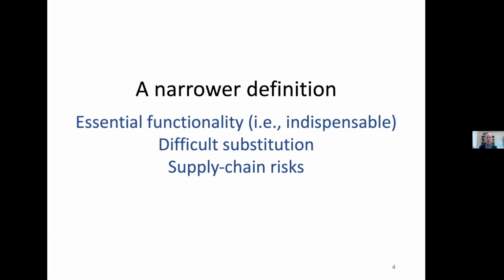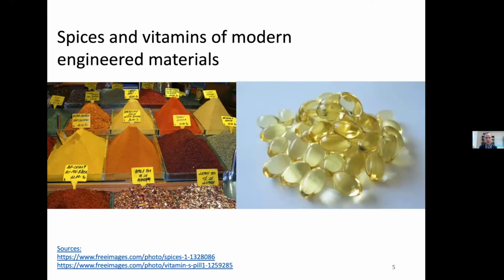Now, in many cases, what have been identified as critical minerals or critical materials are used only in very small quantities in a material. And so some people refer to critical minerals as the spices and vitamins of modern engineered materials, in the sense that spices in good French or Italian or Indian food constitute a very small part of the volume or the weight of the material, but yet provide essential properties.